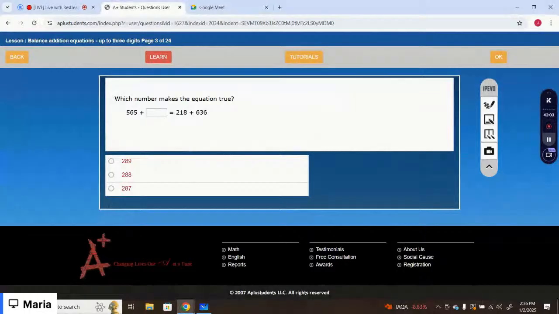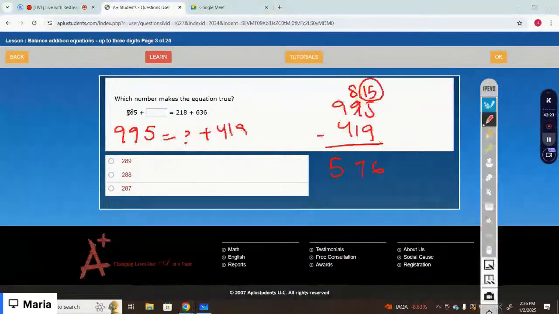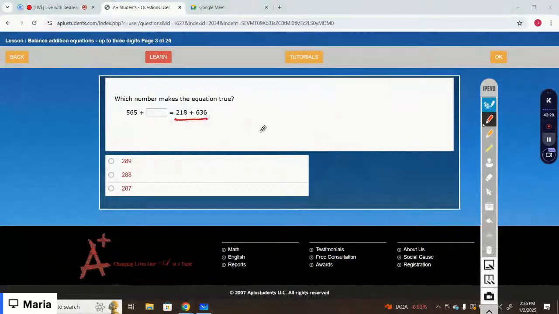Which number makes the equation true? That is 565 plus the missing number equals 218 plus 636. So add these numbers. They make the sum, that is 854.